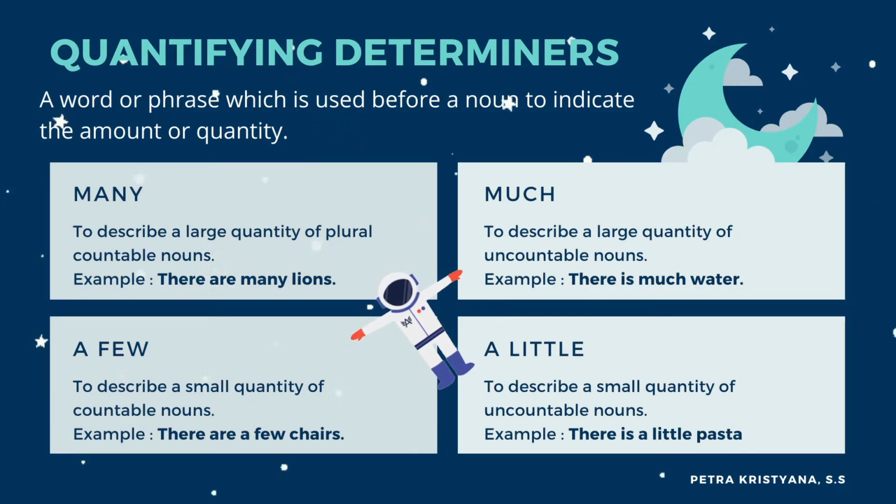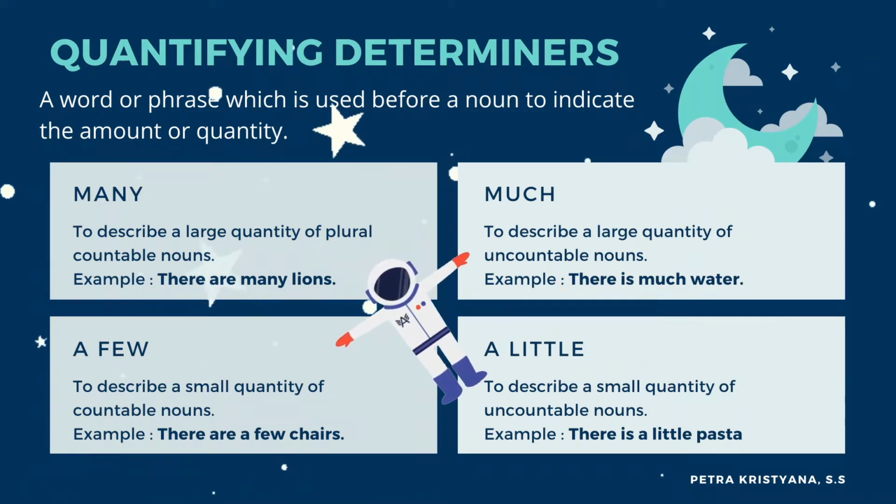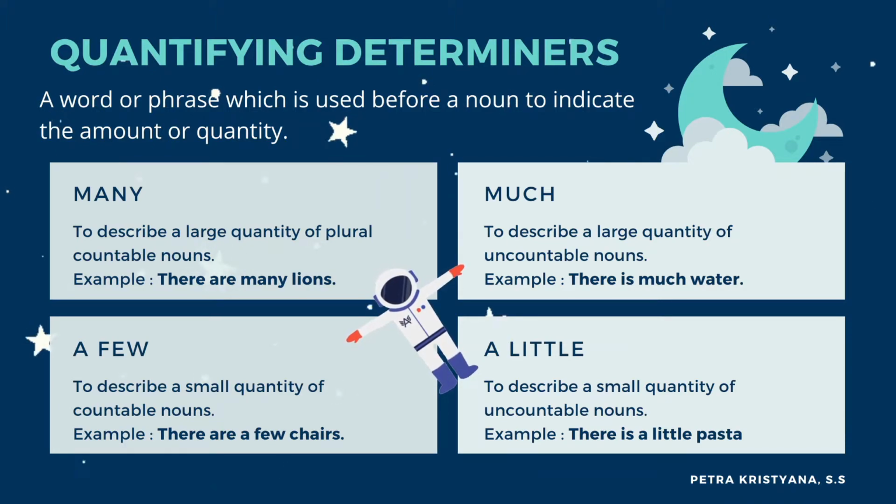Kalian harus bisa bedakan. Okay, the next one it is a few and a little. So a few it is to describe a small quantity of countable nouns. Jadi untuk menunjukkan jumlah suatu kata benda yang sedikit.